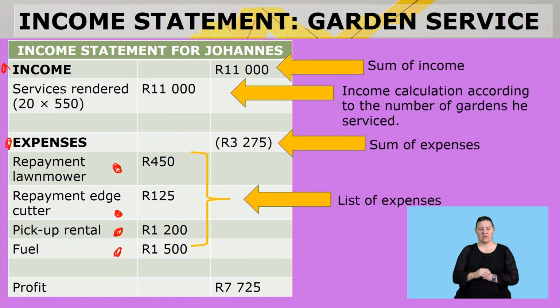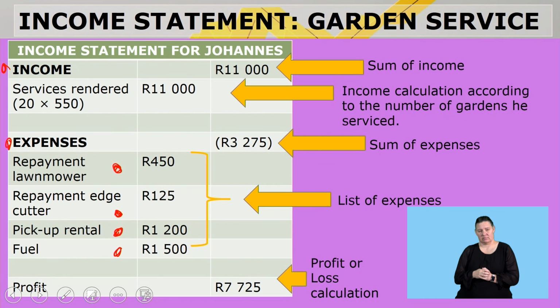And at the bottom, that is where the reality steps in, is when you check whether you made a profit or a loss. Remember, profit is income minus expenses, and you will see that he made a profit of 7,725 Rand.